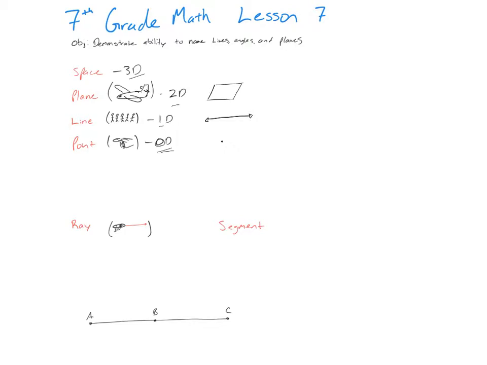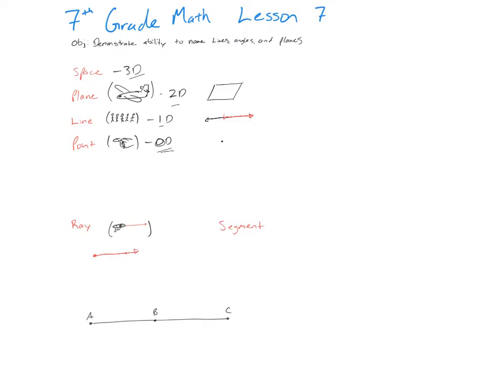Now moving on from there, a piece of a line, like if I were to take a line and then cut it, so it starts at a point and goes off in one direction, we call that a ray. A ray we name by its starting point and a point that it passes through.